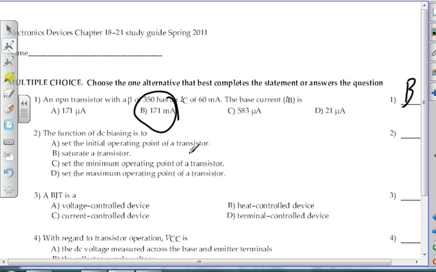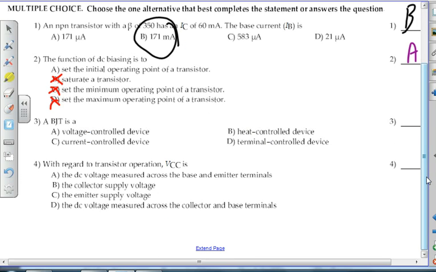The function of DC biasing is to set the initial operating point, to saturate the transistor, to set the minimum operating point, to set the maximum operating point. A. The bipolar junction transistor is a voltage control device, current control device, heat control device, thermal control device.